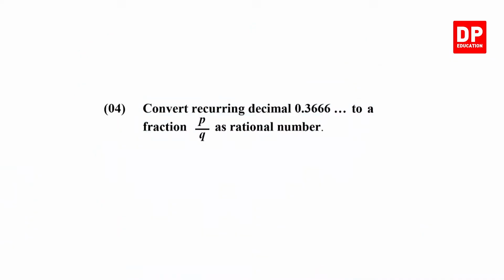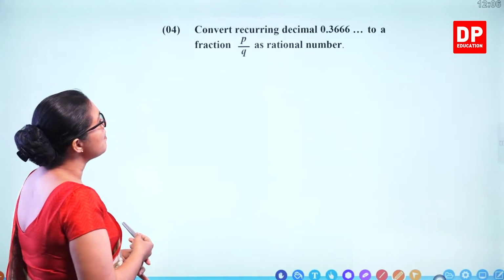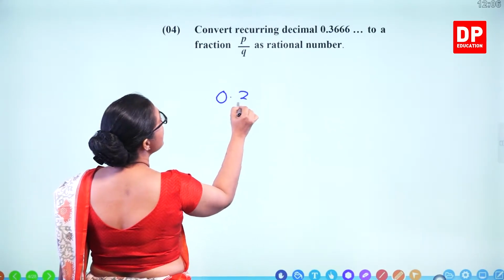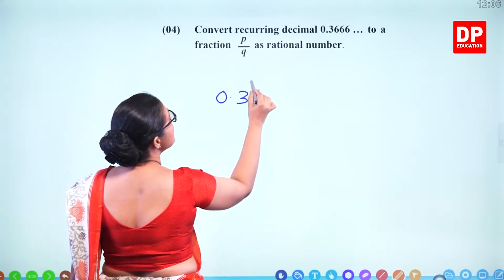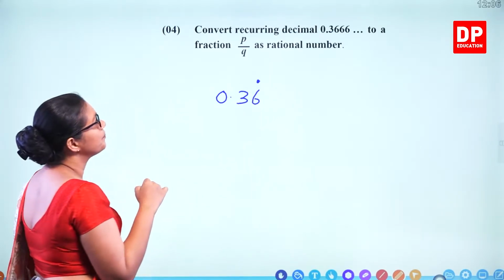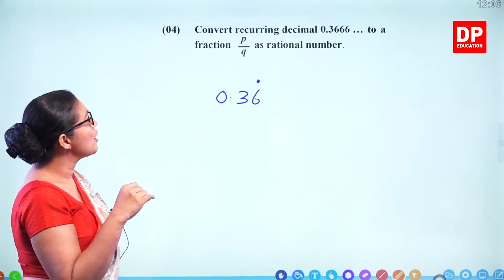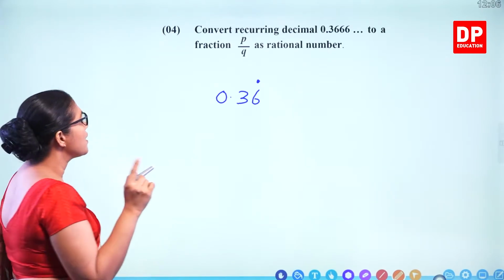Question number 4. Convert the recurring decimal 0.3666, where 6 is recurring, to a fraction p over q as a rational number. What's the method?